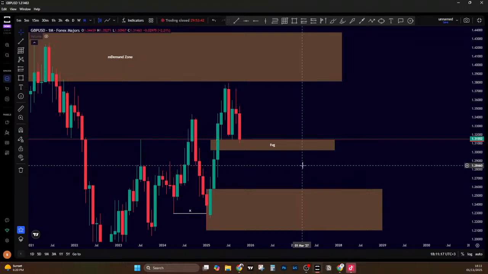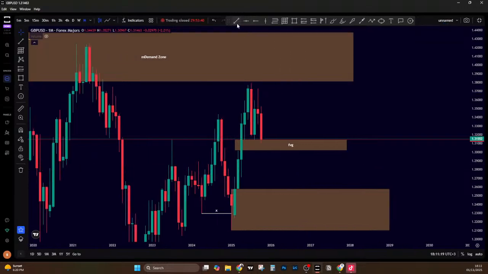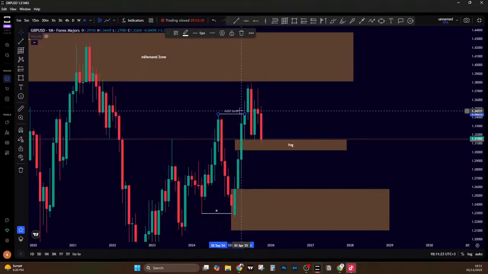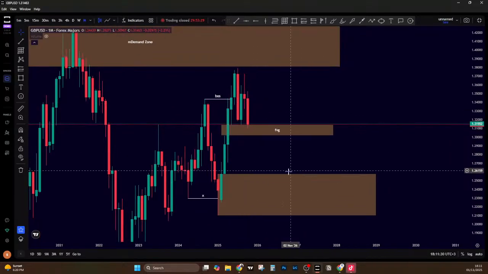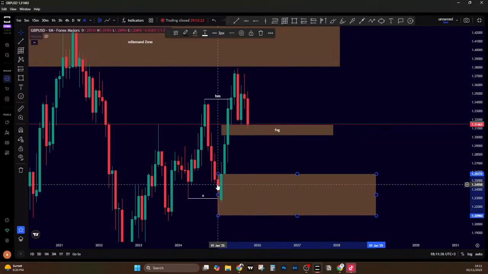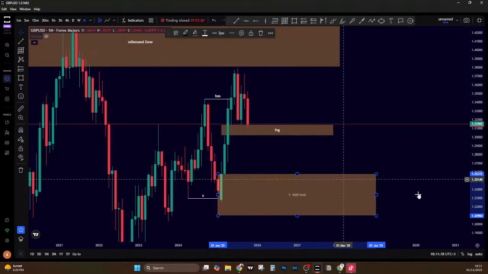We have FVG there, and then you can see that it broke structure. There was a BOS here. So this makes the demand zone highly probable.